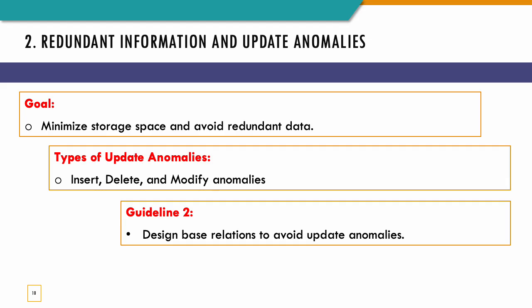By doing this, you ensure that each piece of information is stored in only one place. So there is no redundancy, and if there is, updates will be easier and less likely to cause errors or anomalies.